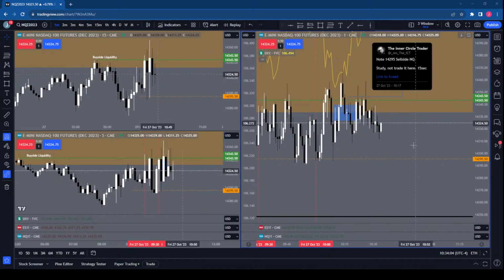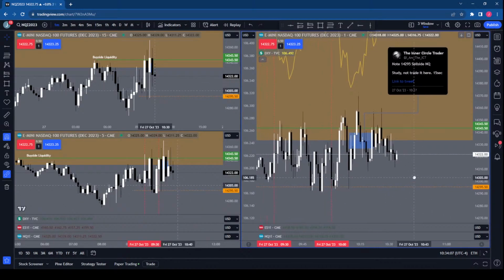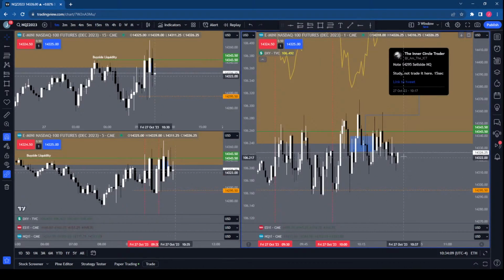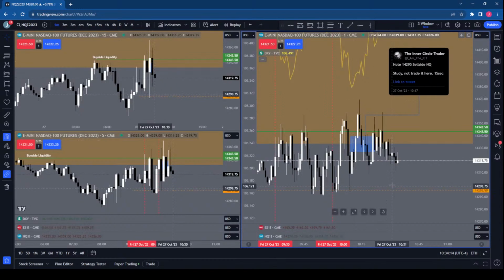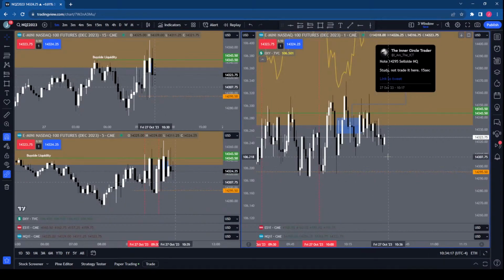I'll stay on just to watch this play out. I want to see if my analysis on that was correct. Do we come up and take these highs prior to taking this low?